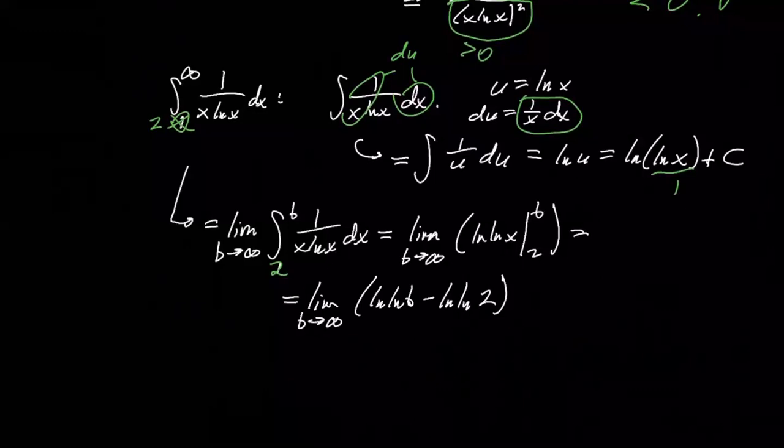And it's funny: as b goes to infinity, log b goes to infinity, just very slowly. So the thing you're plugging inside the log function is going to infinity, so the result goes to infinity, just really, really slowly. It diverges really slowly, but it does go to infinity. So this integral diverges.